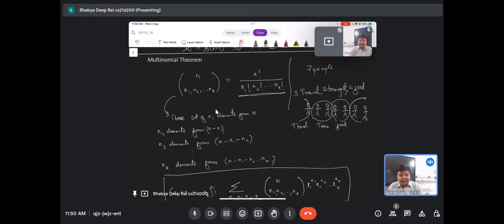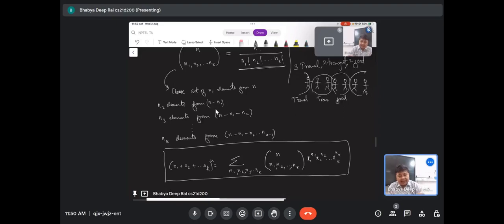It's quite simple. N factorial divided by n1 factorial, or in other words 3 for travel that I need to pick, and n2 factorial, 2 for transport, and so on. Okay, the technical idea is that I choose a set of n1 elements from n. From the remaining, let's say I pick 3 for travel. From the remaining, obviously, I'll choose the transport people, right? And from the remaining, I'll choose the food people.